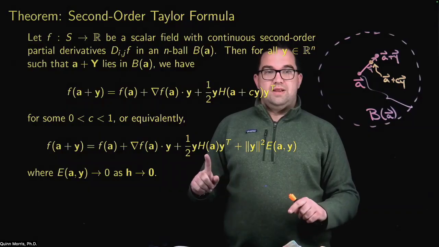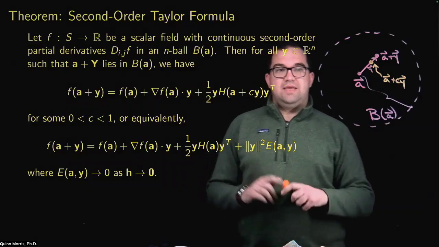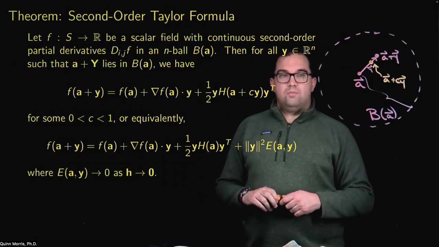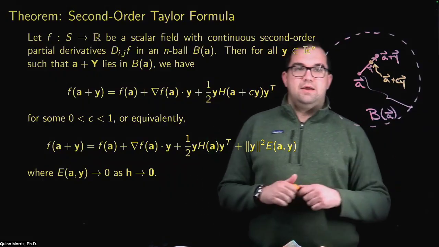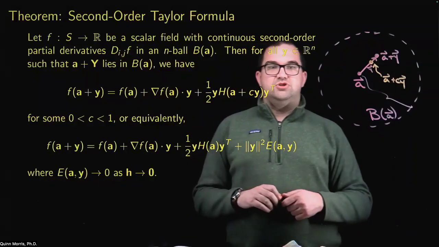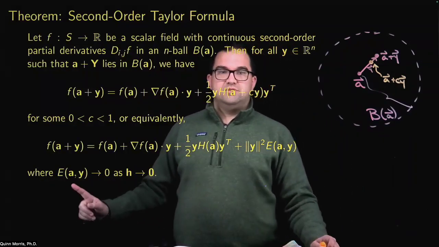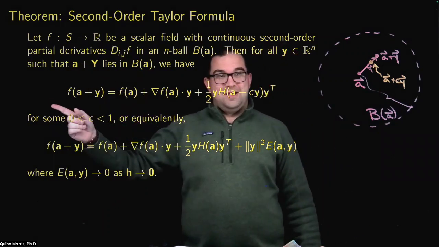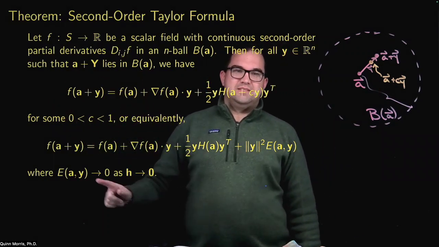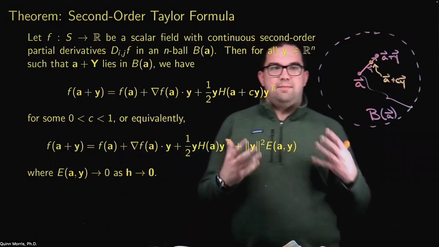So you can actually do this at A, but now the error is the norm of y squared times e of a,y, where e of a,y goes to 0 as h goes to 0. Now, don't get confused. This e of a,y is not the same e of a,y from the first order Taylor formula, right? But it's behaving in a very similar way. It's just some error term.